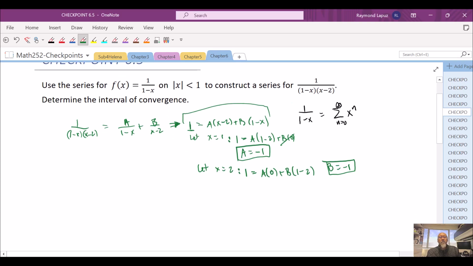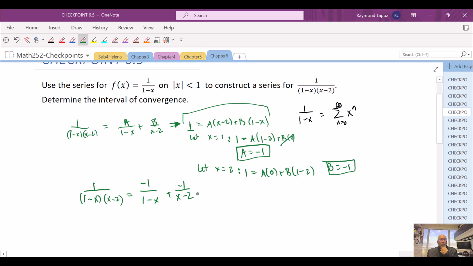All right. So now our function, 1 over (1 minus x) times (x minus 2), is equal to negative 1 over 1 minus x, plus b, which is also negative 1, over x minus 2.